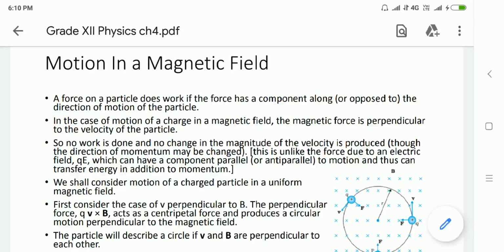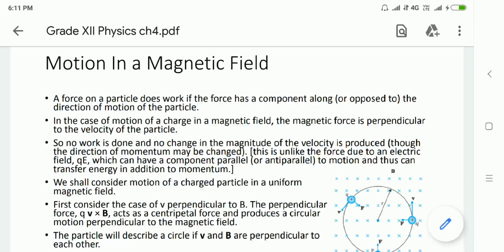The magnetic field is available, and perpendicular to that, the motion of the charge is acted on by the force and its velocity direction. The particle will describe a circle if V and B are perpendicular to each other.